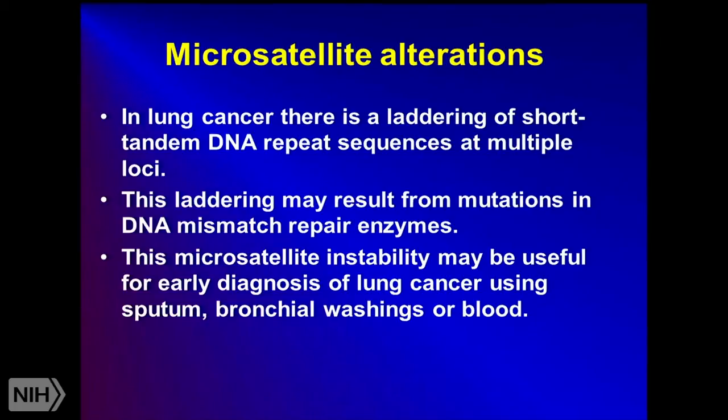Microsatellite alterations. In lung cancer, there's a laddering of short tandem DNA repeat sequences at multiple loci. This laddering may result from mutations in DNA mismatch repair enzymes. This microsatellite instability may be useful for the early diagnosis of lung cancer using sputum, bronchial washings, or blood.